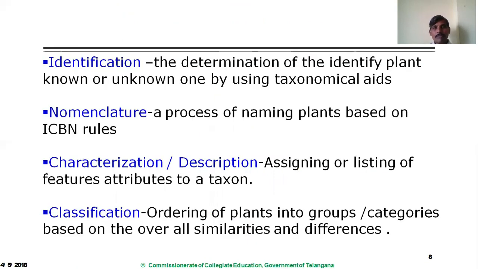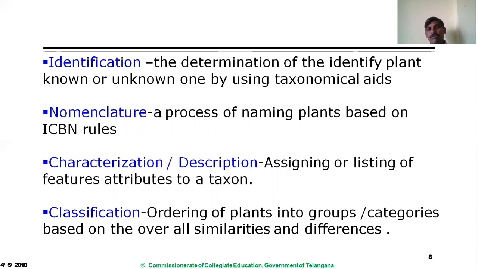So identification means it is the basic and first step in taxonomy. When a person or a student or a scholar collects a plant specimen from a particular locality, the determination of the collected plant specimen as a known one or unknown one by using taxonomical aids is called identification.